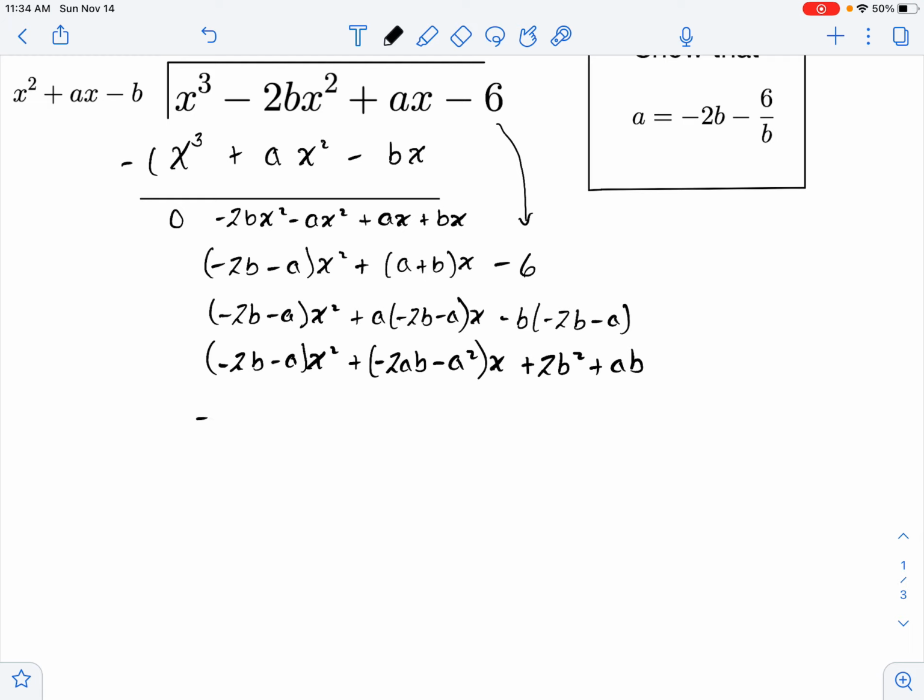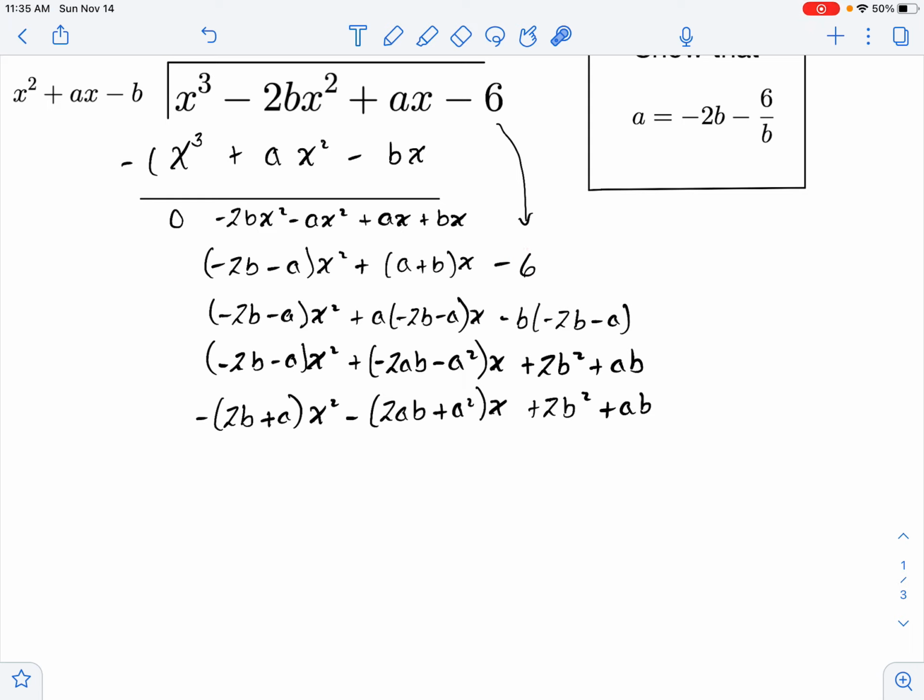So that is minus on 2b plus a, factoring out that negative sign, x squared, minus 2ab plus a squared. So I've factored out the negative there, it's on x. And this I will leave alone. This is 2b squared plus ab. Now you just have to be careful, right? We are subtracting this line here from this line here.